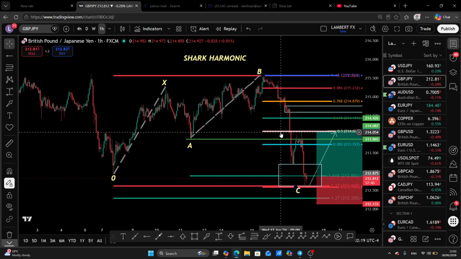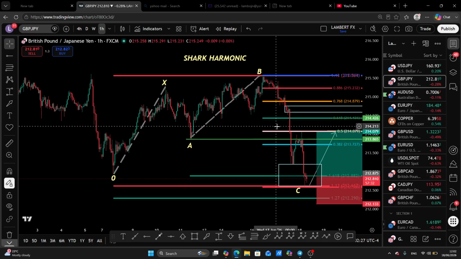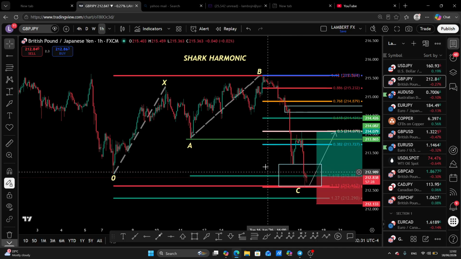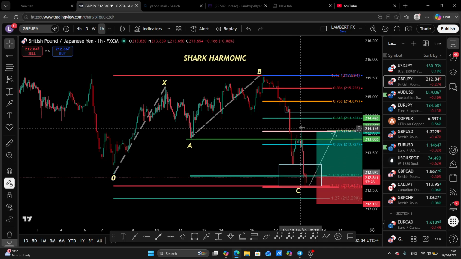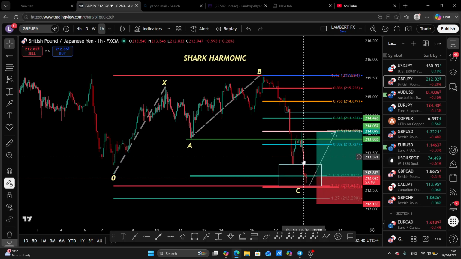But with shark pattern, shark could lead to another pattern called 5-0, which reacts off 50% of the shark pattern. So I've put my profit at 50%, which you can see here is at 50%.